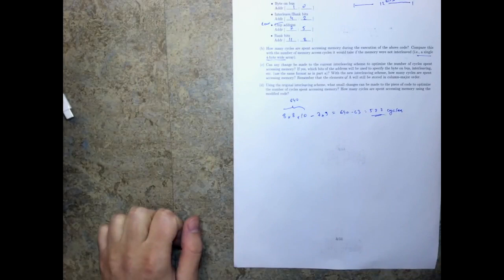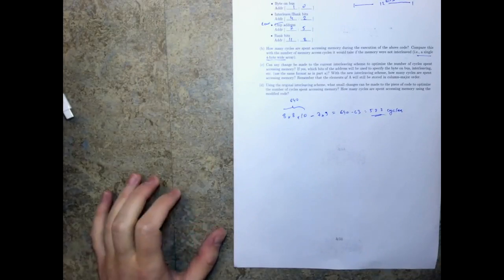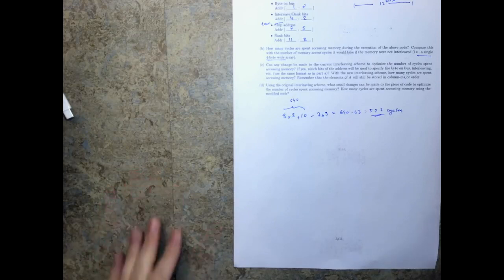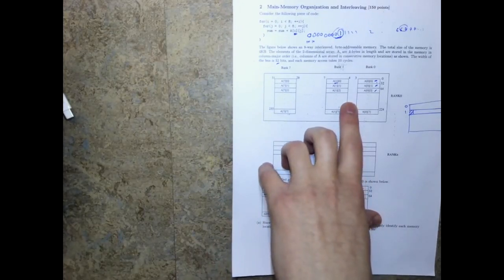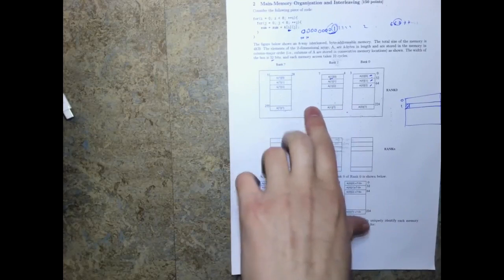Can a change be made to the current interleaving scheme to optimize the number of cycles spent accessing the memory? Here, what we did wrong, by wrong I mean the reason why it took too many cycles, was that we laid out the array in memory in a way that is not efficient to access.